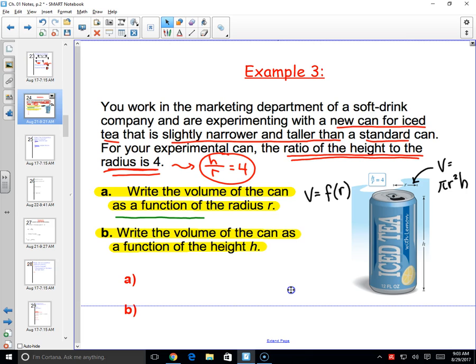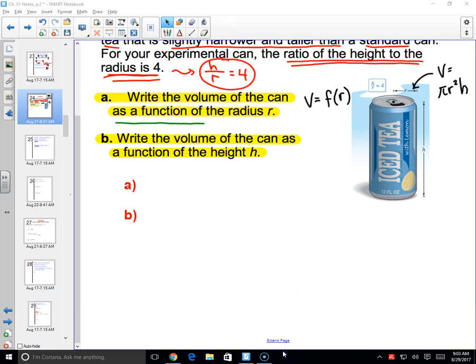Anyway, that's how volume formulas work, in case you forgot. But we need to go ahead and figure out how to answer letter A. That's when it starts to work. In letter A, what variable or variables does it want exclusively in the function for volume?